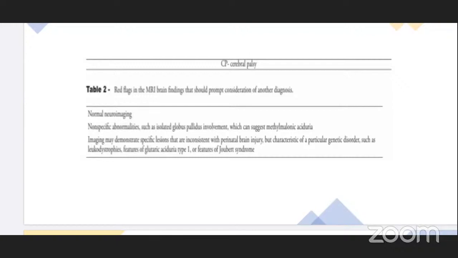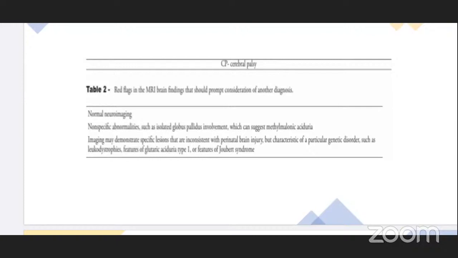In the brain MRI, red flags that should prompt consideration of another diagnosis include normal neuroimaging, non-specific abnormalities such as isolated globus pallidus involvement, and imaging that might demonstrate a specific lesion not consistent with prenatal brain injury.